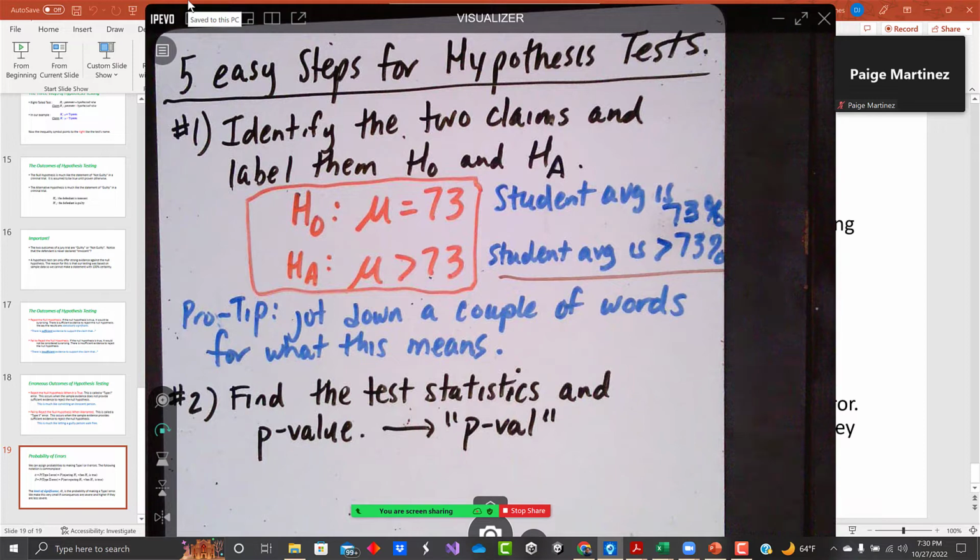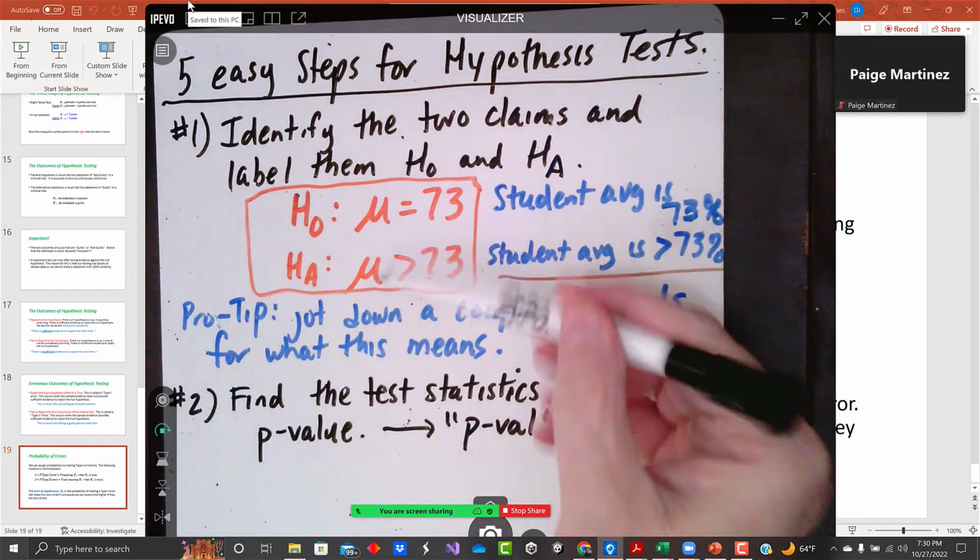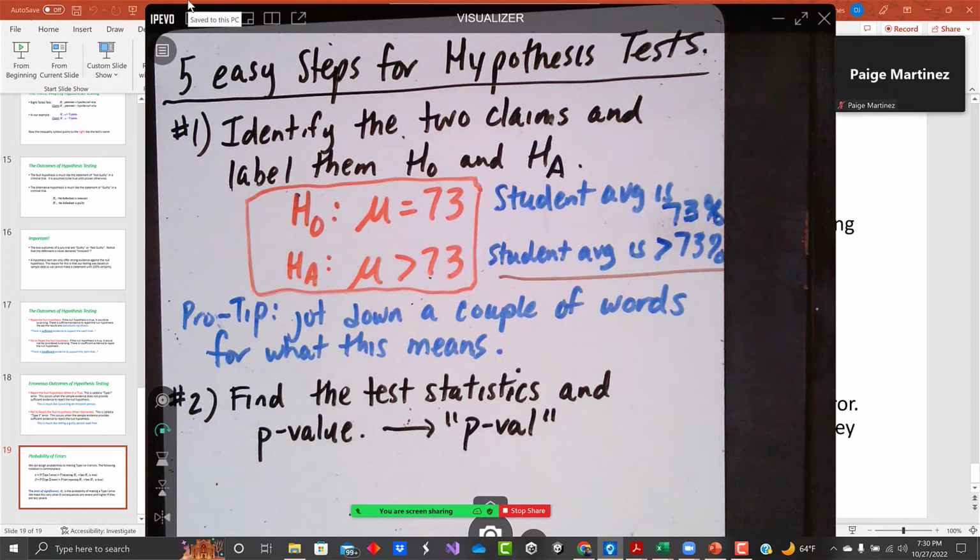I don't know why. I'm only saving 2 letters. It seems pretty lazy now that I think about it. But I do it. I never put just p by itself, because p can be confused for proportion, and we don't want to do that. This is not proportion.